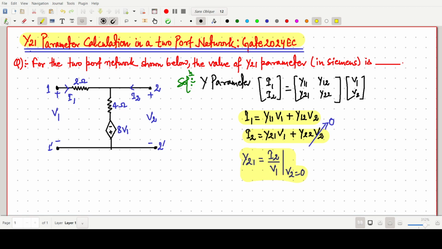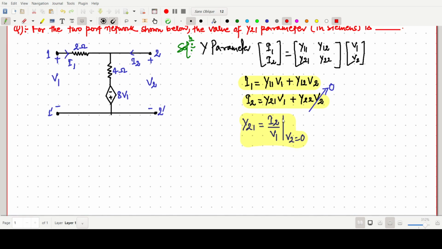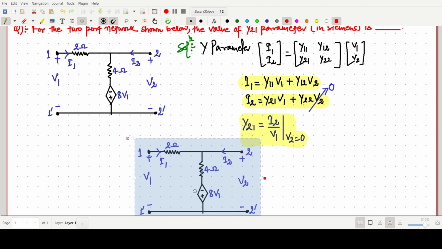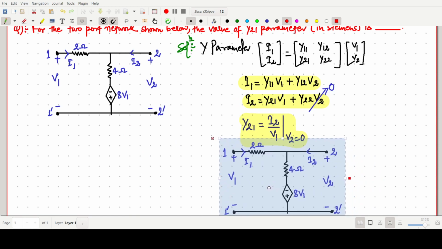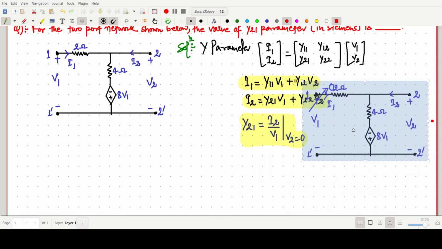For this purpose, we just have to apply KVL in this circuit. The condition for y21 is that V2 will be shorted, so I am redrawing the circuit here.